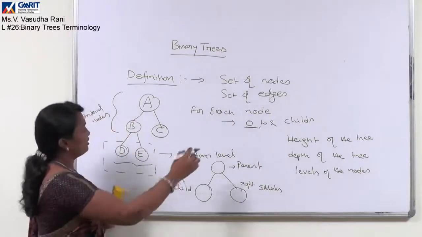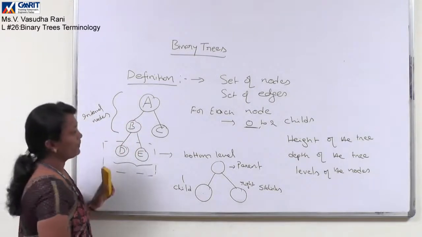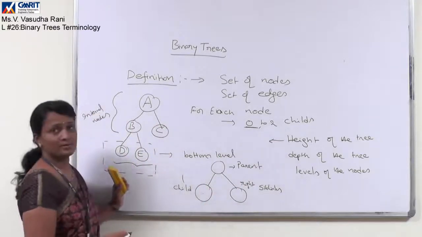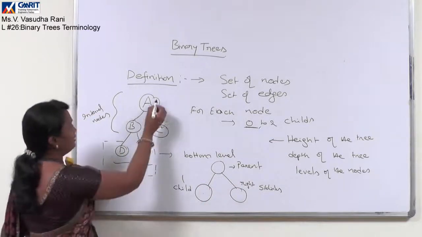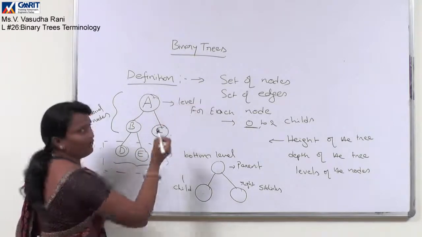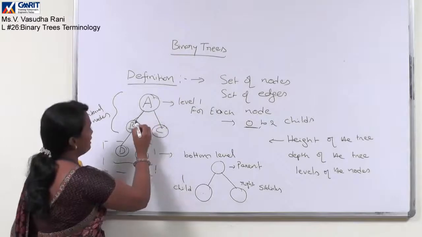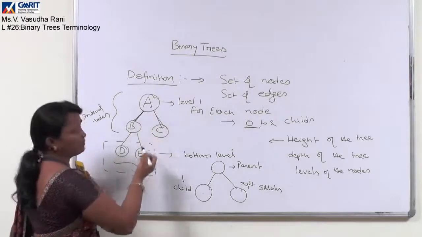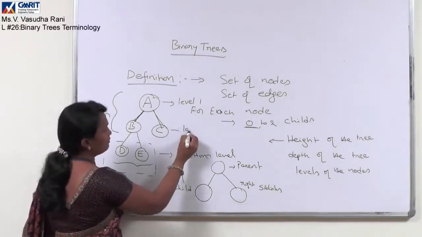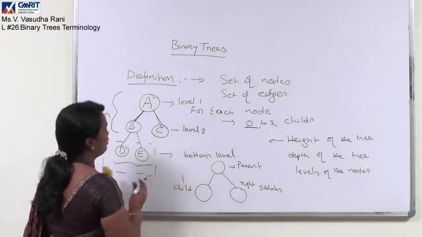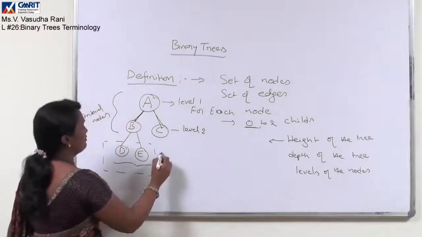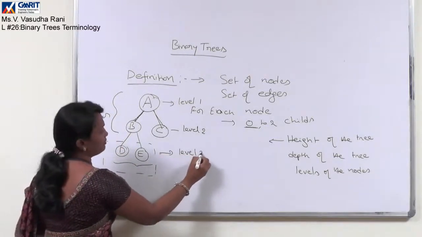Coming to the height of the tree, it is defined in terms of levels. First of all, the root node is considered at level 1, and the next level from the root node, whatever childs we have at the next level, will be treated as level 2, and this level will be level 3.